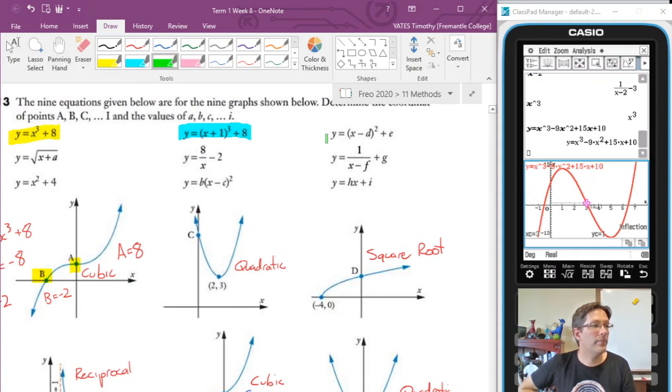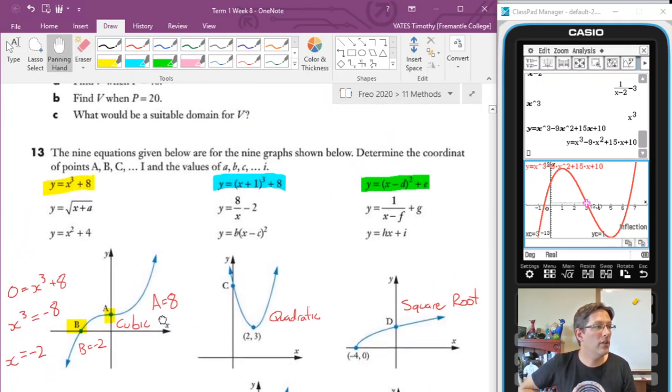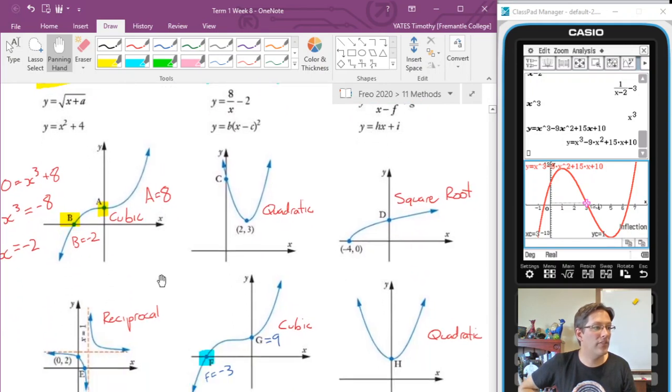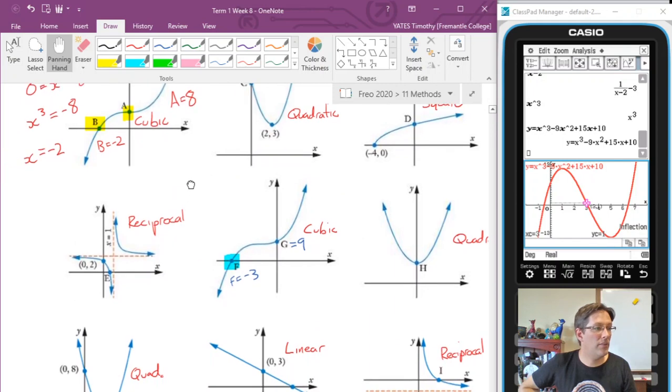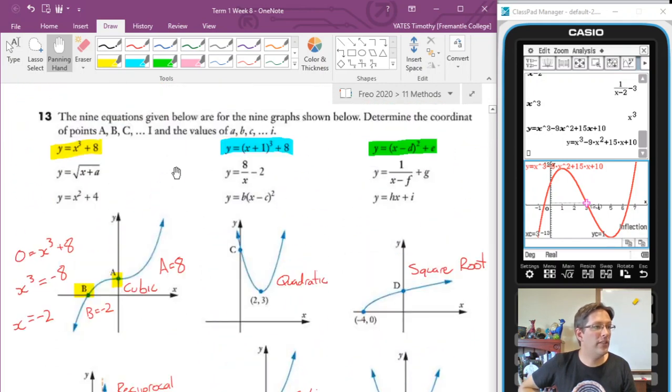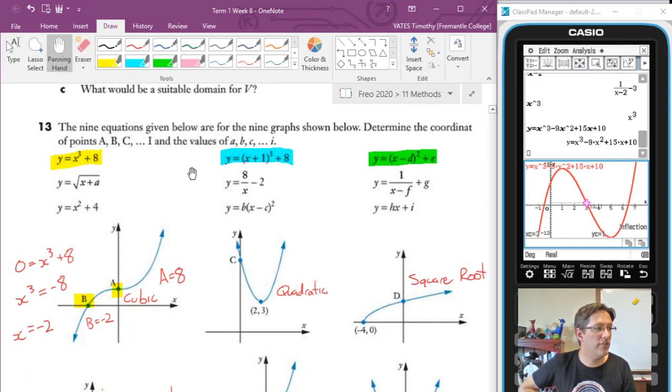This one here is a quadratic, and we don't know which quadratic it is. There are a few. Now x take d all squared plus e, it's just been shifted in some way. We don't know where it's been shifted, so let's have a look at some of the other ones first.